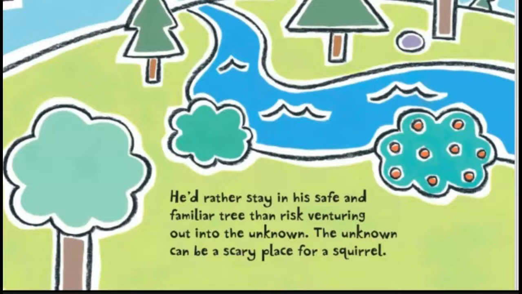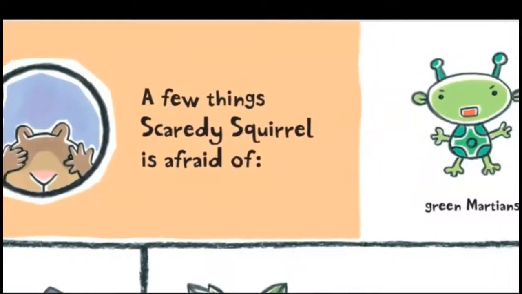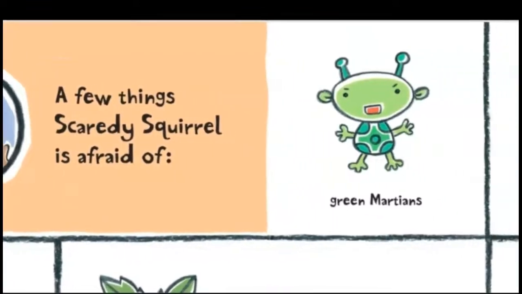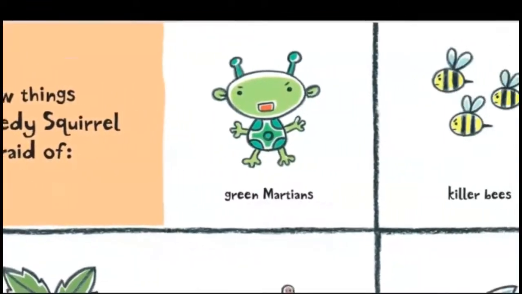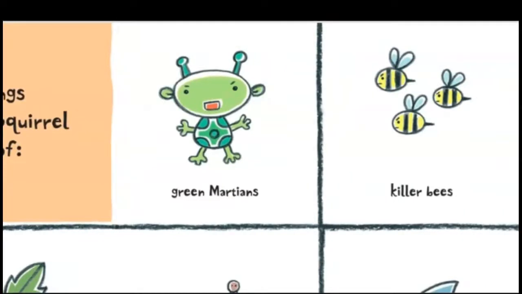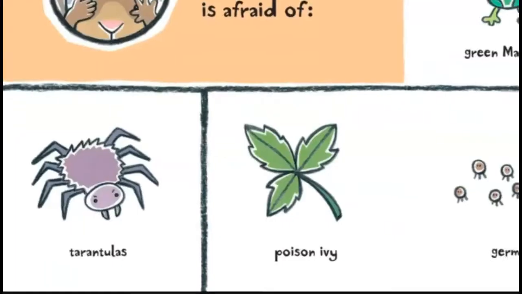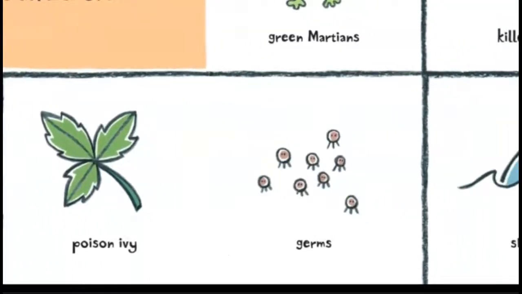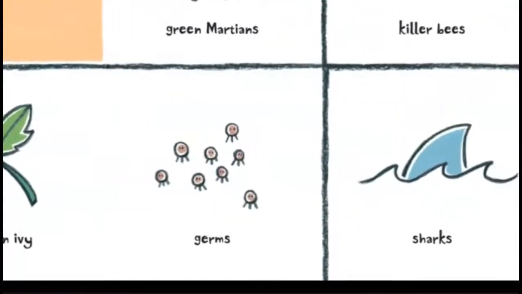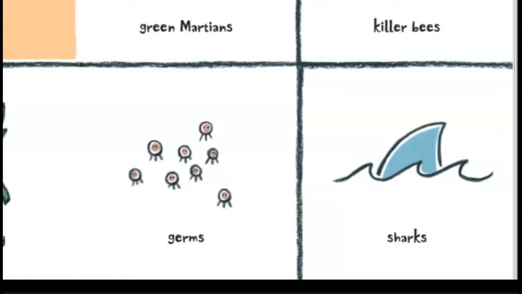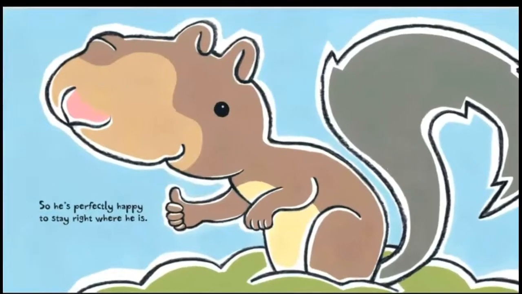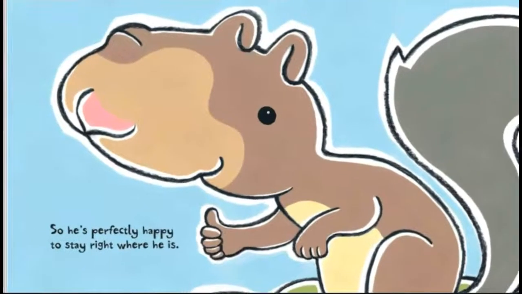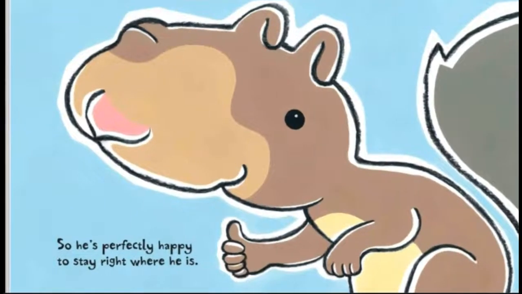The unknown can be a scary place for a squirrel. A few things Scaredy Squirrel is afraid of: green Martians, killer bees, tarantulas, poison ivy, germs, sharks. So he's perfectly happy to stay right where he is.